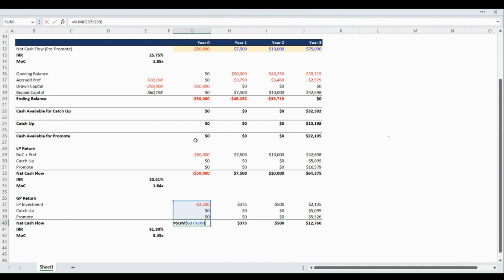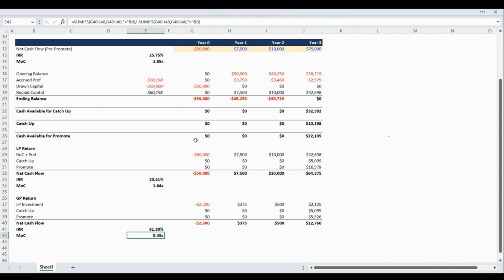The general partner catch-up is equal to 50% of the deal level catch-up tier per our investment structure assumption used within this example. The promote received by the general partner is equal to 25% of the cash available for promote per the investment structure assumptions. The sum of each year's cash flows provides the net cash flow for the general partner, and the internal rate of return as well as the multiple of capital is calculated.